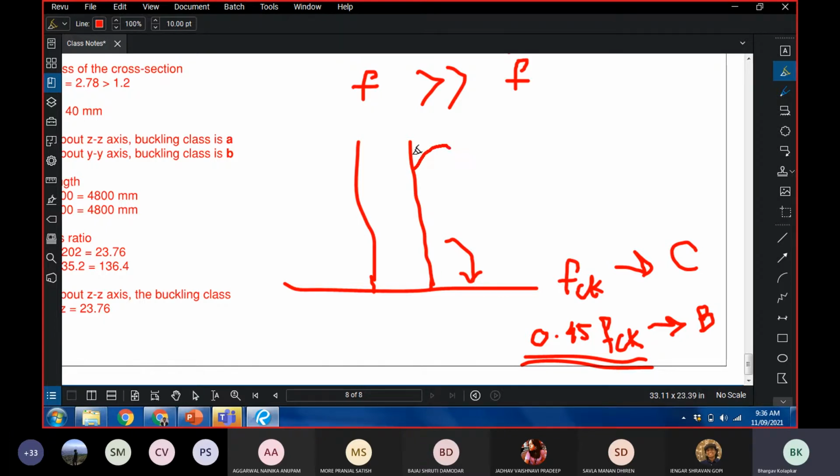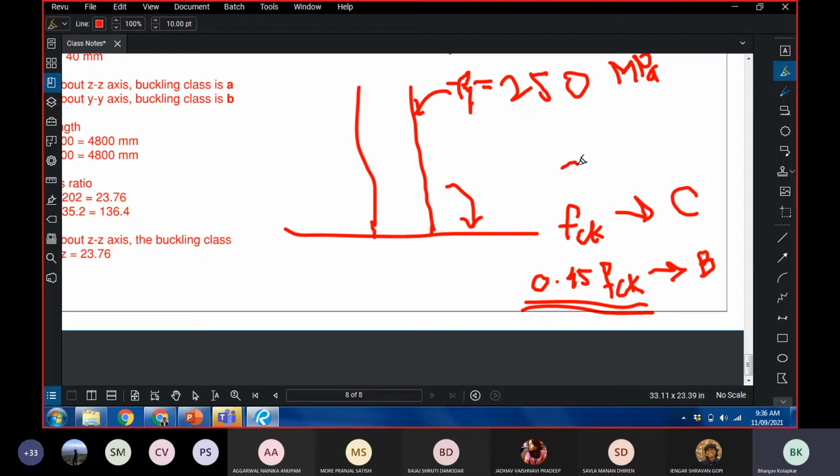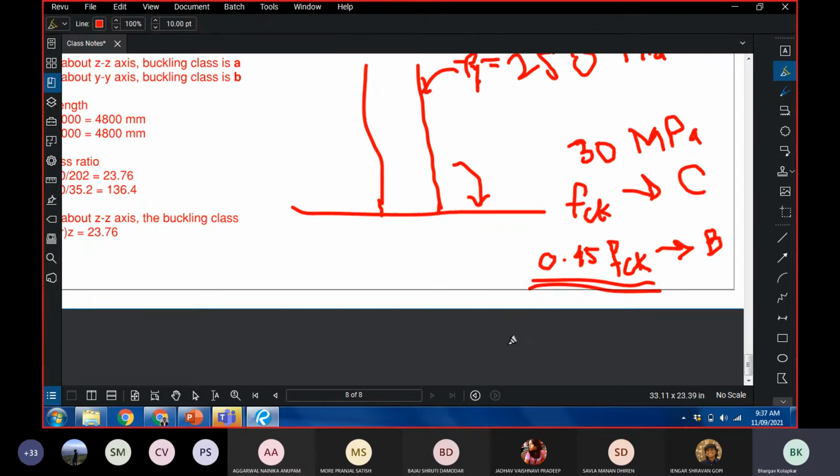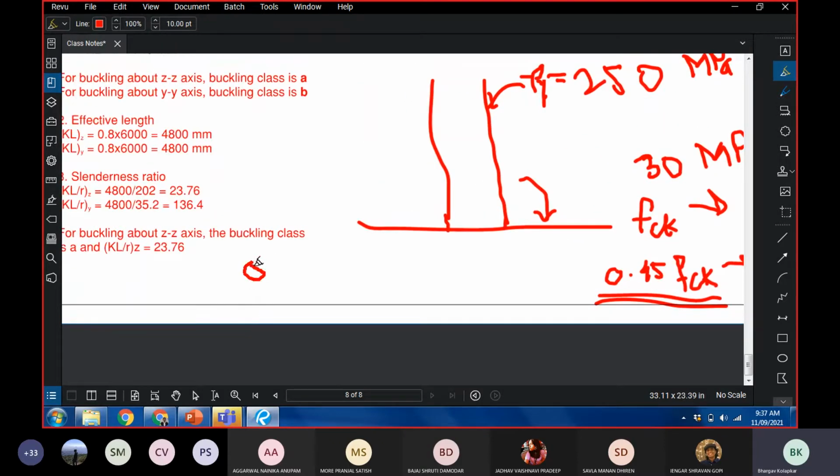Say this is mild steel, so the value of fy is 250 megapascals. Now let us say that you are using 30 MPa concrete, or M30 concrete, for the footing. So the bearing strength is 0.45 times 30.